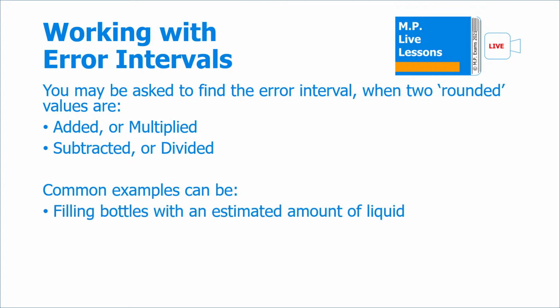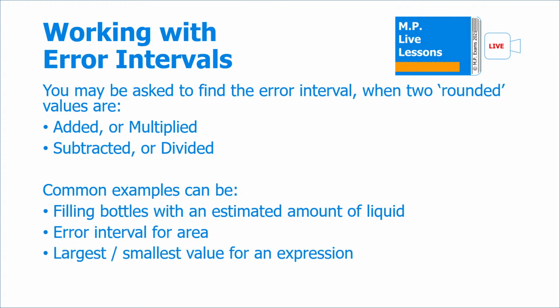For example, if we had a set volume of water to the nearest 10 liters, and then we filled bottles up that had, let's say, half a liter to the nearest 0.1 liters, how many bottles could we fill up, the minimum or the maximum? You could also have error intervals for area and just the largest or smallest value for an expression.